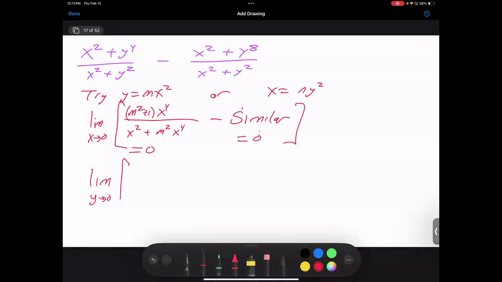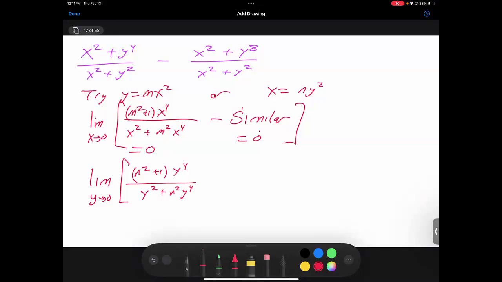What's the first thing going to be now? We would have x equals ny squared. So we would have n squared plus 1 y to the fourth. Down below, we're going to have y squared plus n squared y to the fourth.